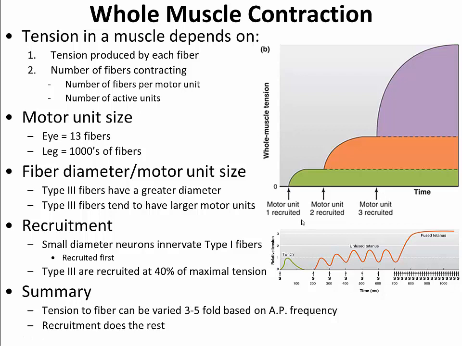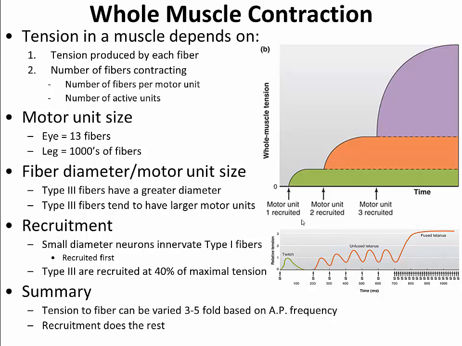These fibers respond most rapidly because the diameter of the motor neurons that are innervating these fibers are the smallest diameter. When this activation occurs in the central nervous system, excitatory impulses are sent to all three of the cell bodies of these motor neurons.